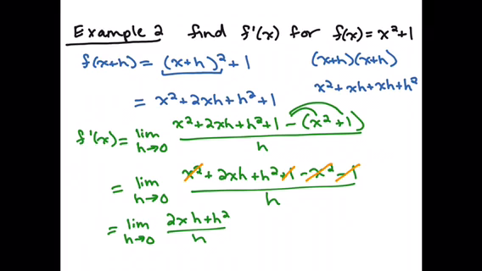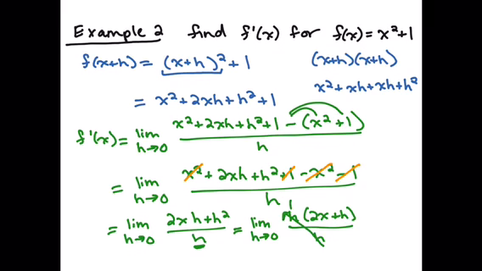Now, if we've done this correctly when we're finding a derivative, we should always be able to factor out an h and cancel it with the h in the denominator. Otherwise, we'd be dividing by 0 when we do the direct substitution. So, if I factor out an h from my numerator, I'm left with 2x plus h all over h.